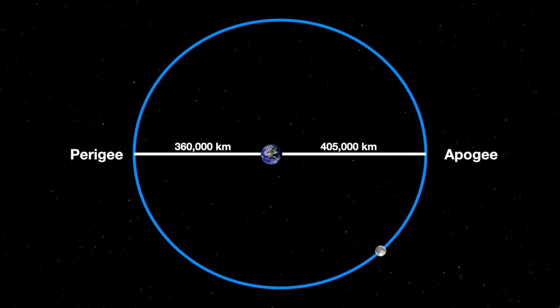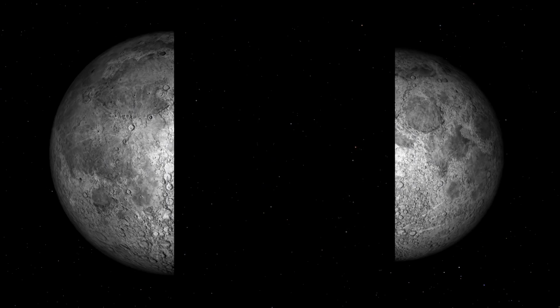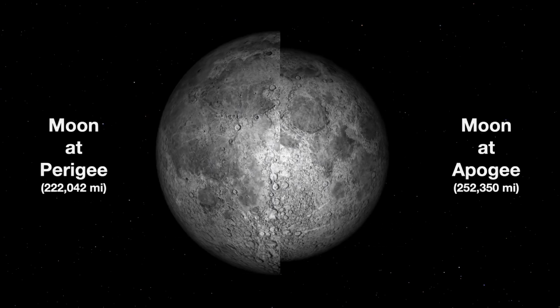That's almost a 12% difference in distance and hence size we see in the sky. So in the course of 1 month, the moon will grow and shrink. Here, you see the biggest and smallest the moon gets. Let's split the moons and shove them together to make the comparison easier. As you can see, there's quite a difference.